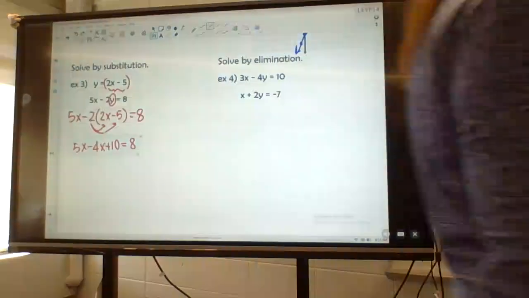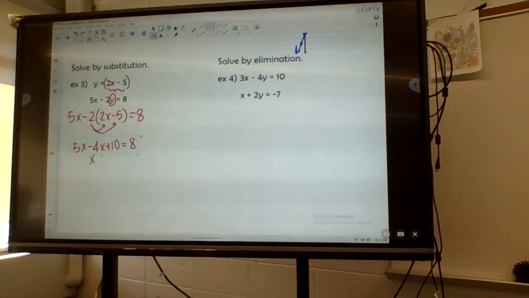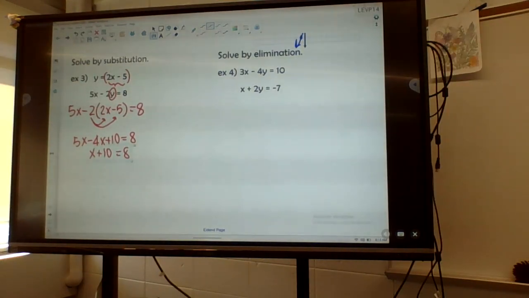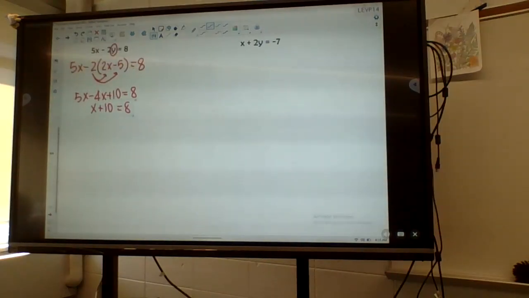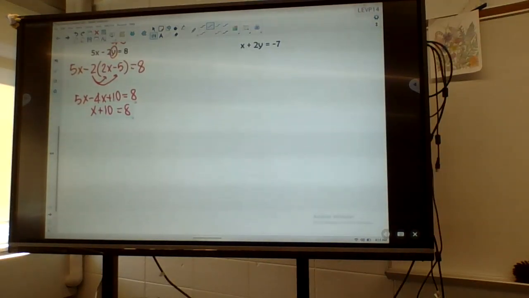All right, 5x minus 4x is just going to be 1x. So we're going to move the 10 over. So x is going to end up being -2. So we found half the answer so far.